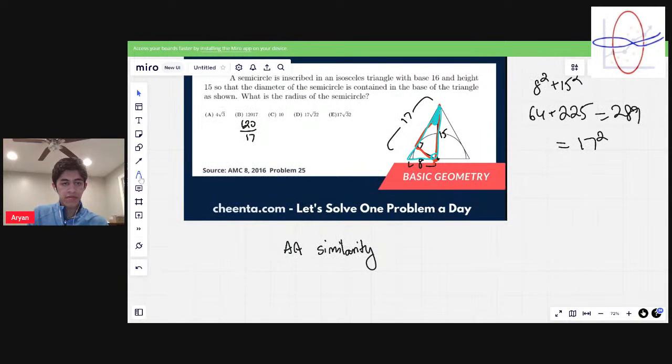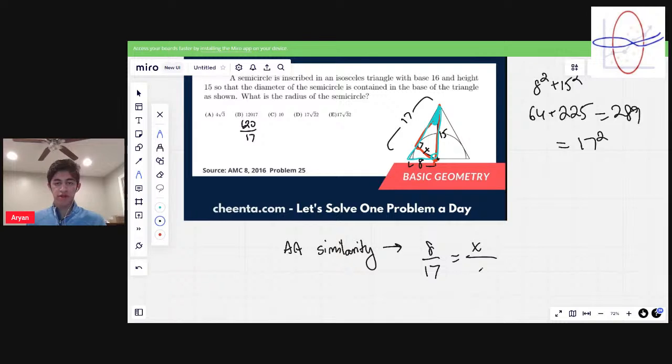And so that means we can set up a ratio. In the blue triangle, let's look at 8 over 17. 8 over 17 is my short side divided by the hypotenuse. That should equal the short side of the red triangle, which we could call x, divided by the hypotenuse of the red triangle, which is 15.